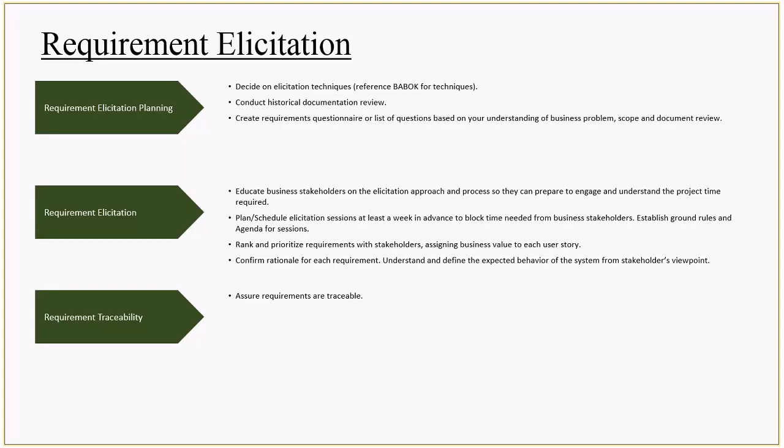Requirement traceability. Assure requirements are traceable. At any instance, we should have connectivity from the key scopes to all the requirements, and there are tools we can use, like TFS or even Excel, where we keep links between the user stories so that they are traceable.